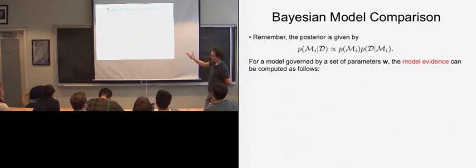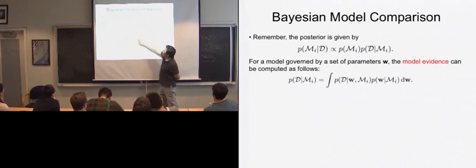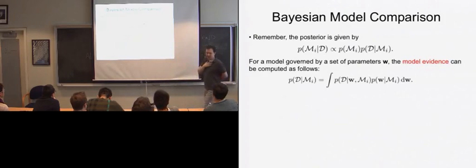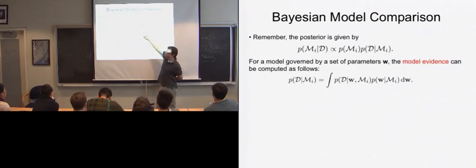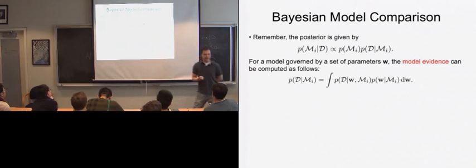If we have models with a set of parameters W, the model evidence is given by this expression here. It's the likelihood of the data under the model M_i, given the parameters, times the prior over the parameters given our model, and we integrate over the parameters. That's the evidence of the model.